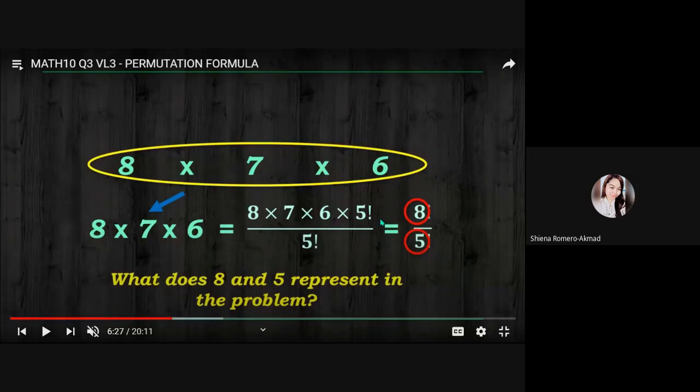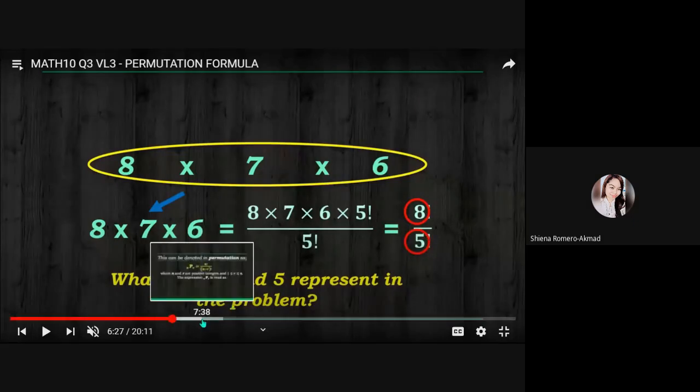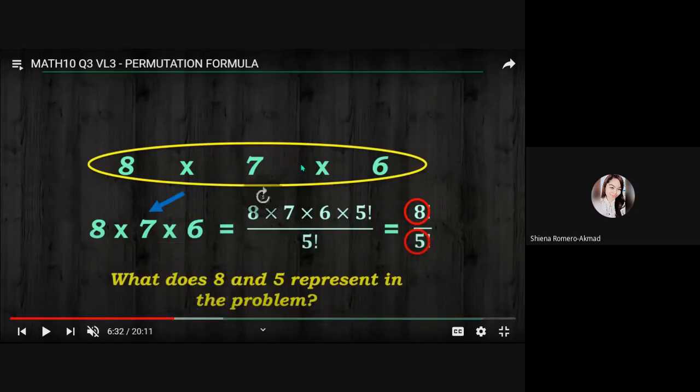So, when we say 8, it represents all the items we have in the problem. And yung 5 is the items left because we chose 3. So, we took 3 from the 8 items.